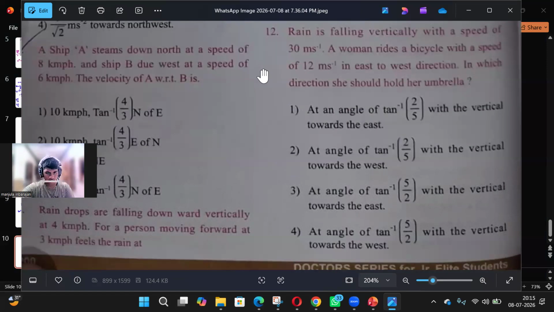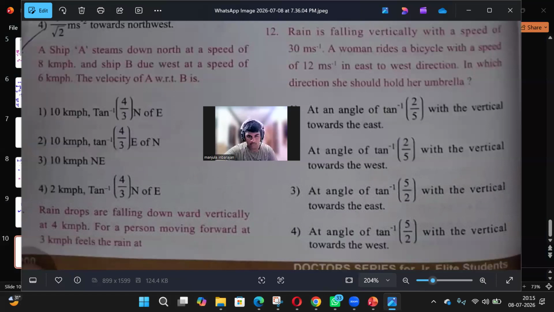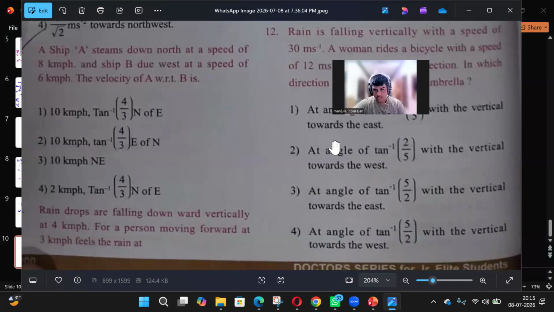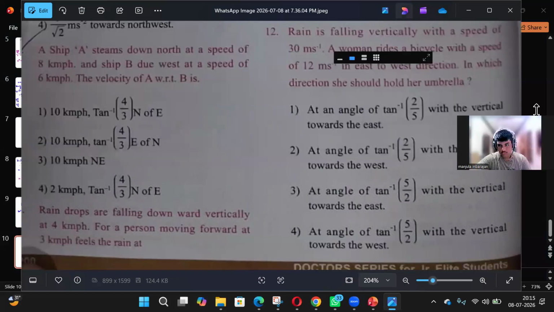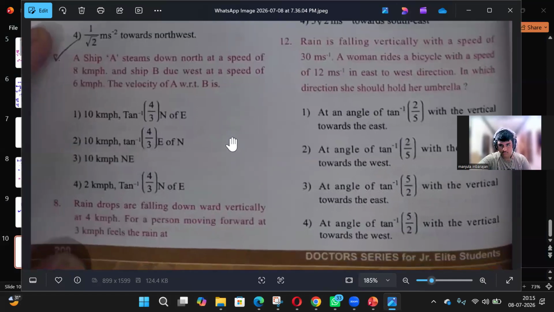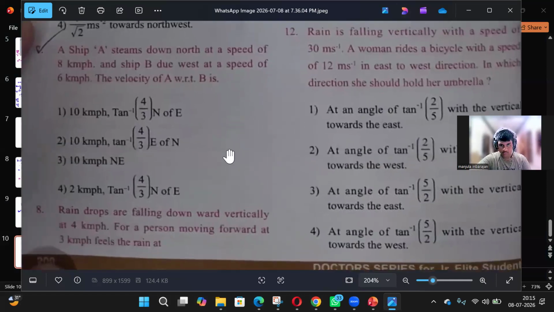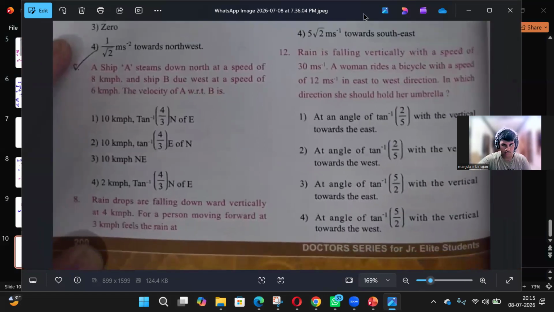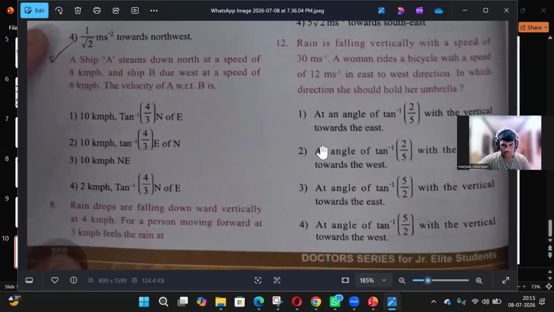So with that I can get the directions of 30 and 12. Get the answer. Got it?